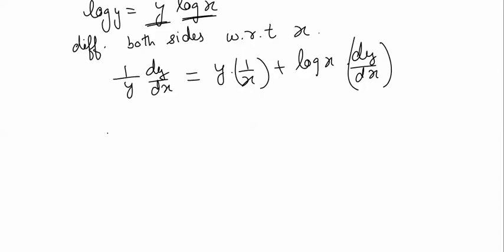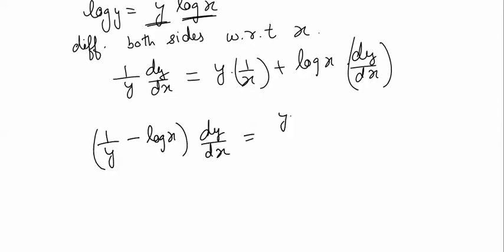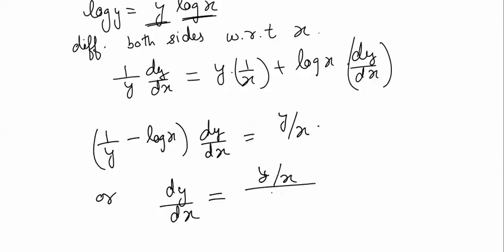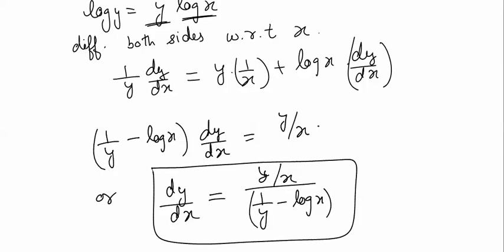So let us rearrange: 1 by y minus log x times dy by dx is equal to y by x, or dy by dx is equal to y by x upon 1 by y minus log x. You can simplify it if it is available in the option, or you may leave the answer in this format also.